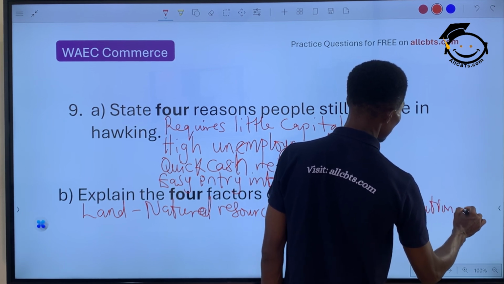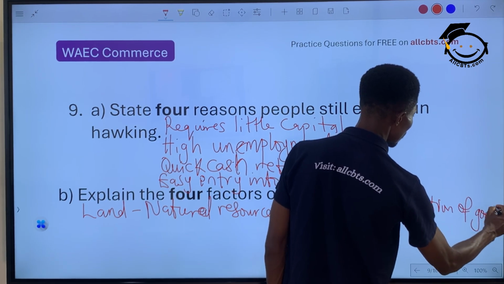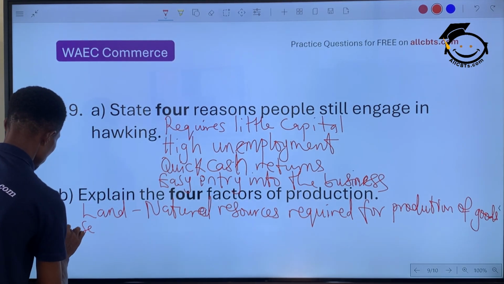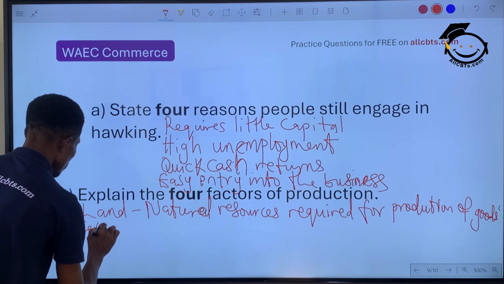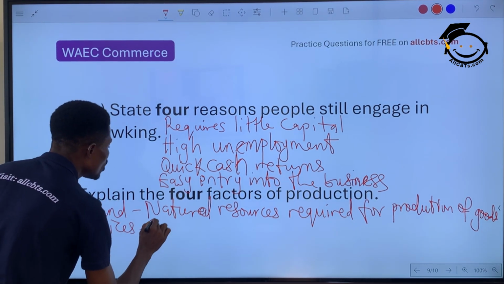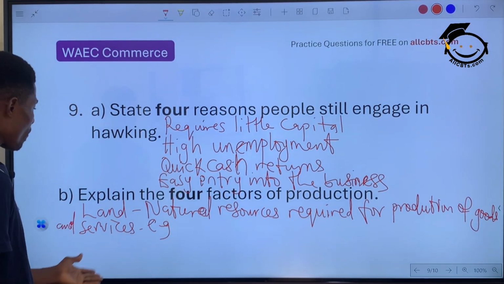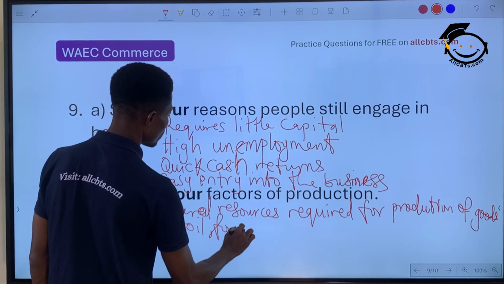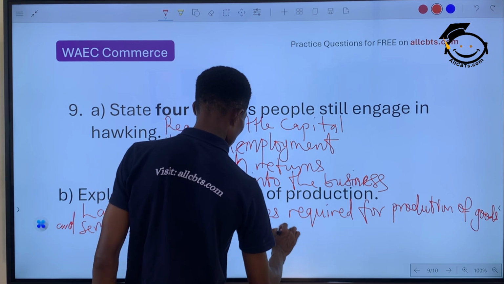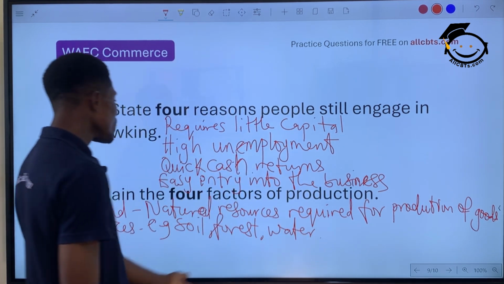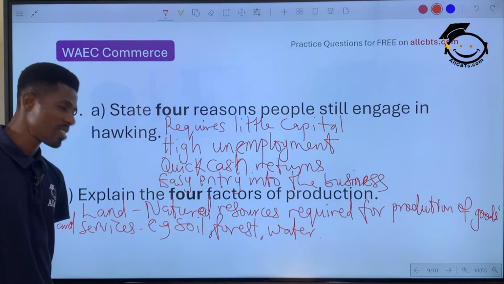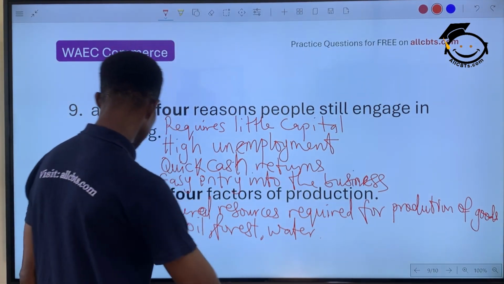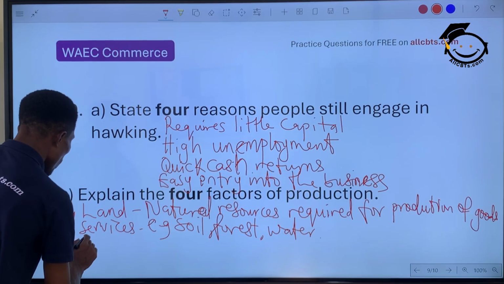Examples of land include soil, forests, and water. What do we get from land? What is the return on land? It's called rent.